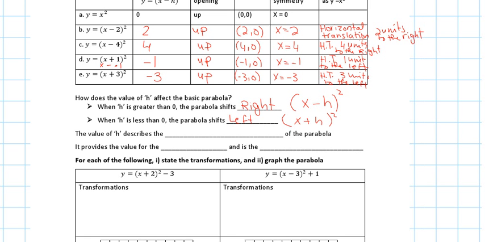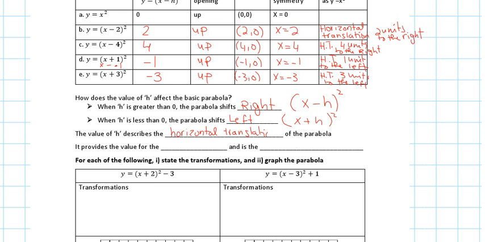So the value of h describes the horizontal translation of the parabola.